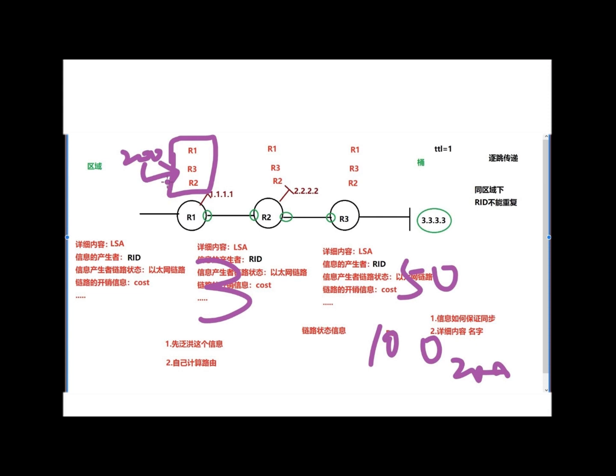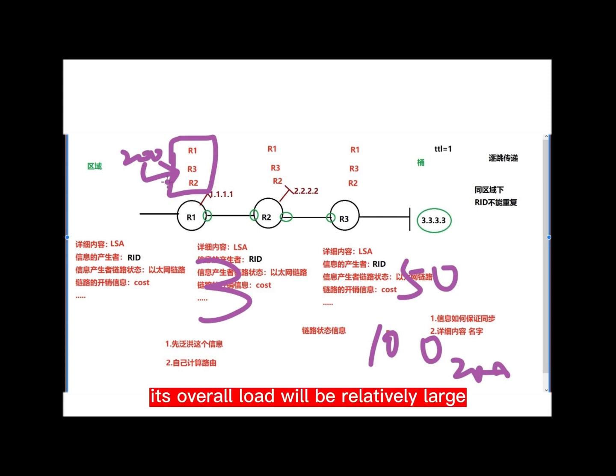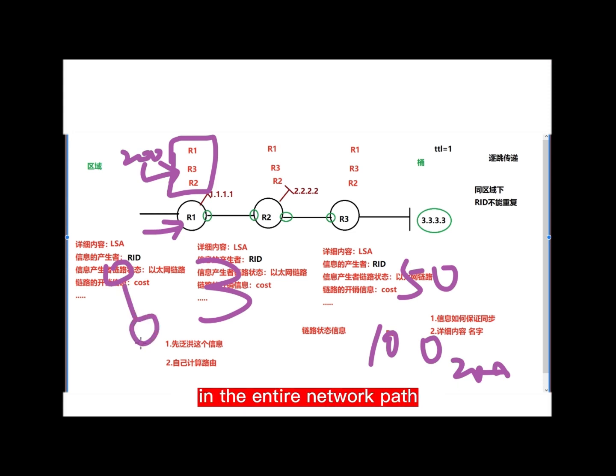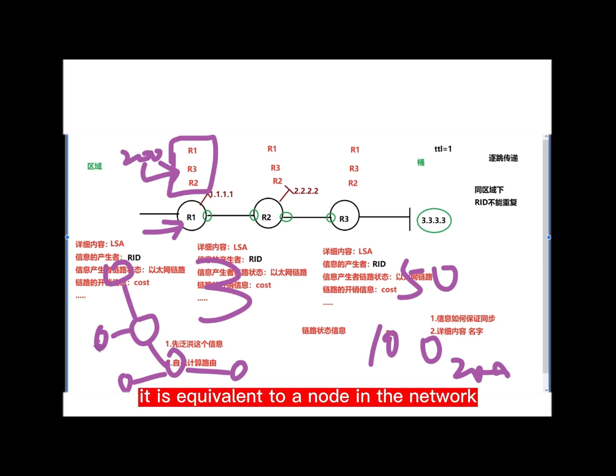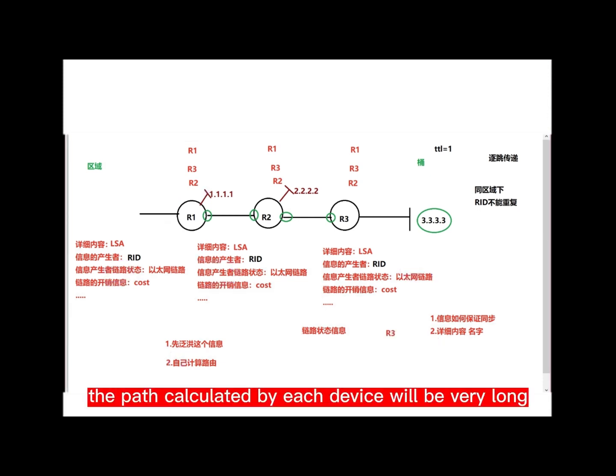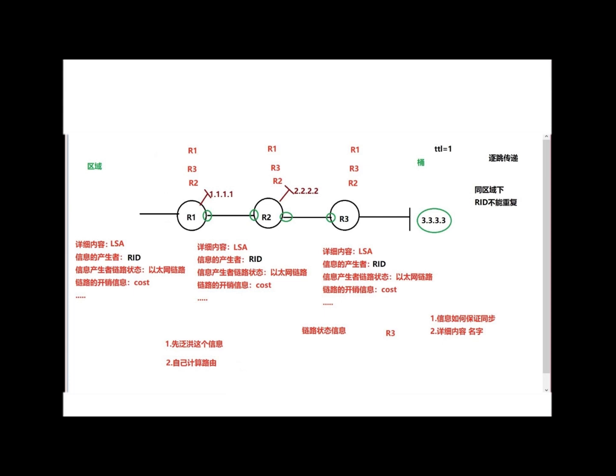Relatively speaking, its overall load will be large. The equipment will have more difficulty, because the device has to calculate the path to any other node in the entire network. For example, now the data is going to this device, which is equivalent to a node in the network. If the number of devices is very large, the path calculated by each device will be very long and complex. For equipment, it will have a higher load. Actually, there is no need for this.